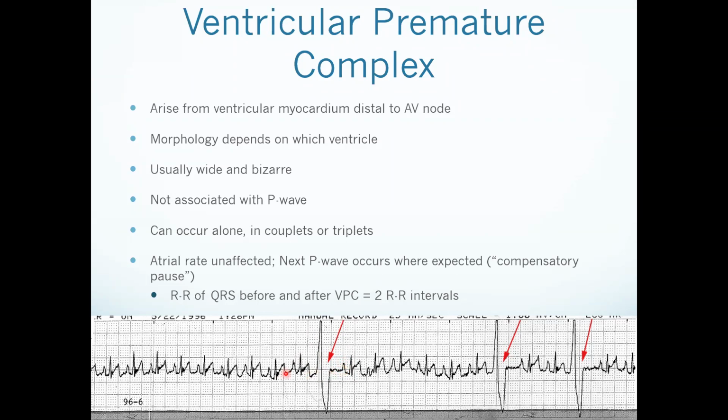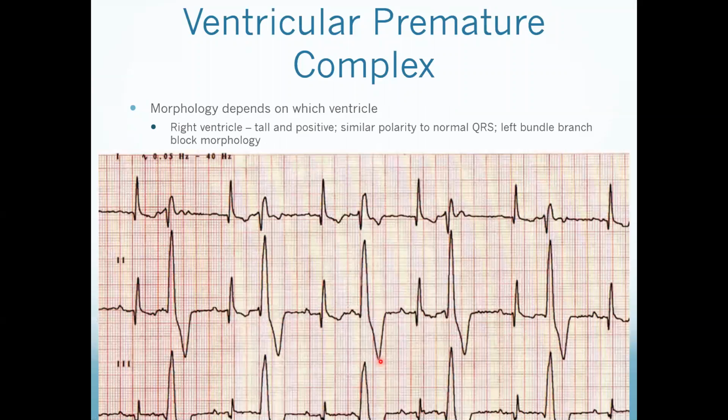So the SA node has simply carried along like nothing was happening, and it actually fired somewhere in there, but it didn't result in a QRS because the ventricles were already depolarizing. So it just carried on and fired at the next appropriate time and then resulted in a normal QRS. So this is what we call a compensatory pause. It's compensated for how early this complex came, and it simply waited and came along when it should.